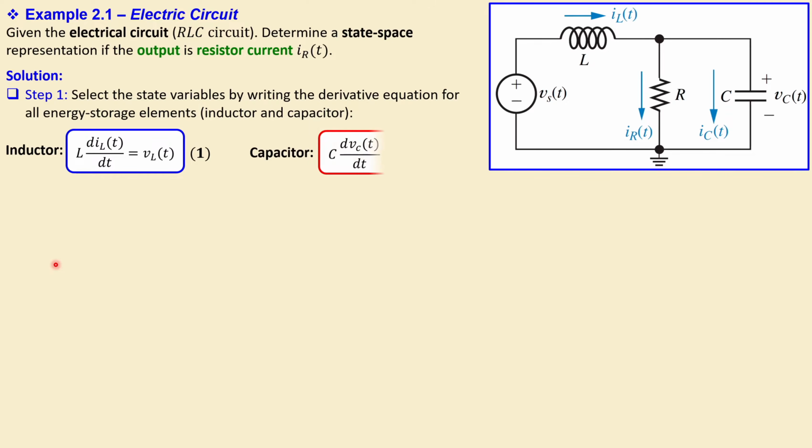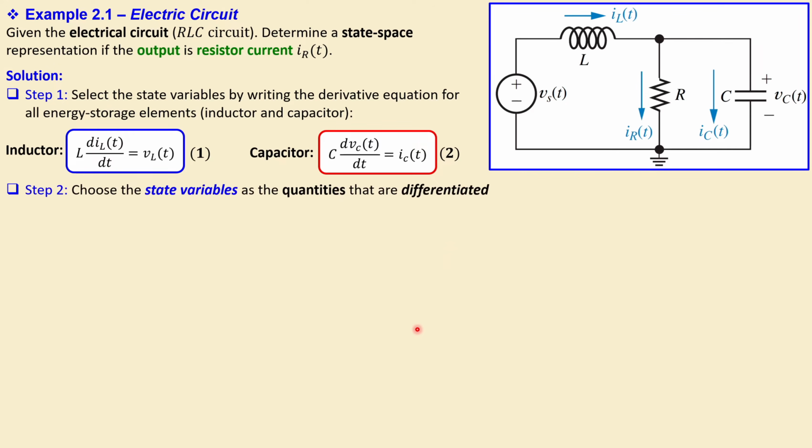Now for the capacitor we have the capacitance C times the time derivative of the voltage across it, which is equal to the current through it, in time dependent fashion. That's equation number 2.